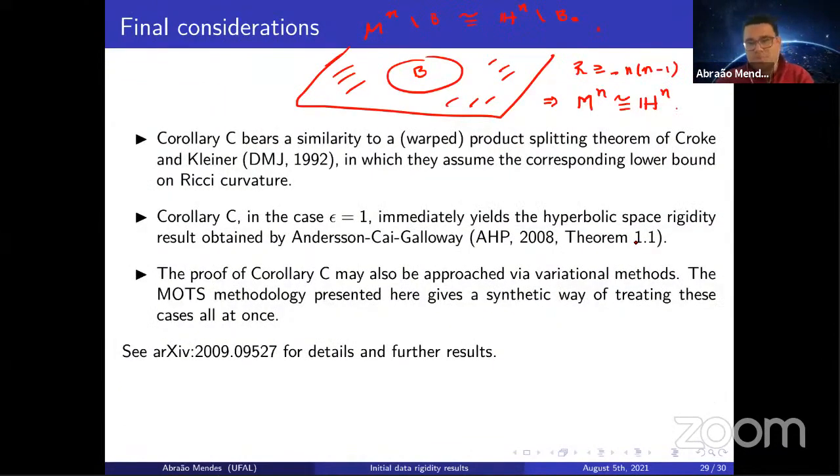Because for example, in Euclidean space, we can take an area minimizing hypersurface and run a similar argument to prove corollary C. And in the epsilon equals 1 case, we can take a Brane action minimizing hypersurface and run a similar argument to prove corollary C. But the advantage of our methodology is that we can prove the two cases at once.